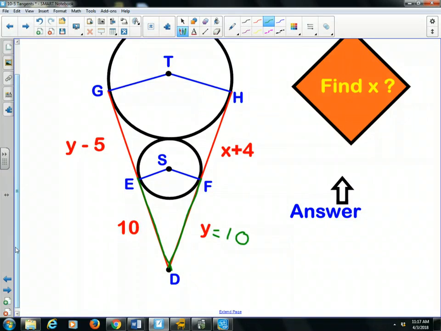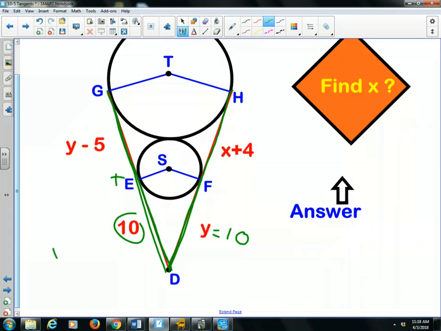Now, we're also given that GD and HD are also tangent lines that have a common endpoint. So if I think about the length of segment GD, it is 10 plus y minus 5.